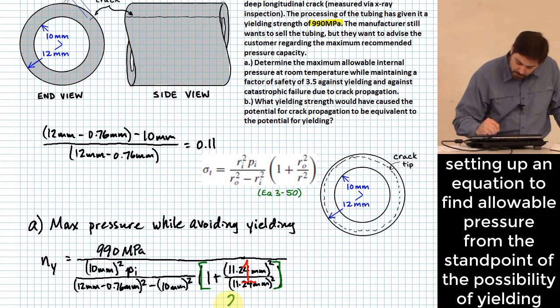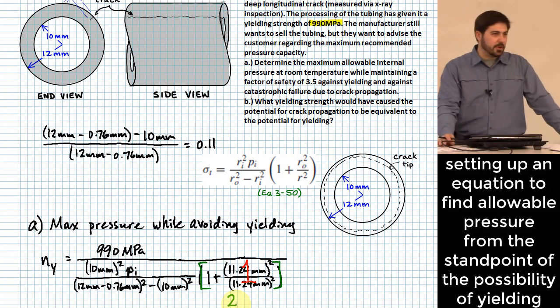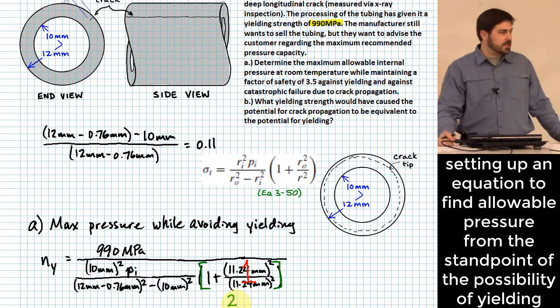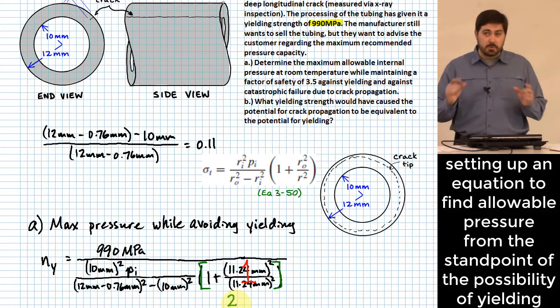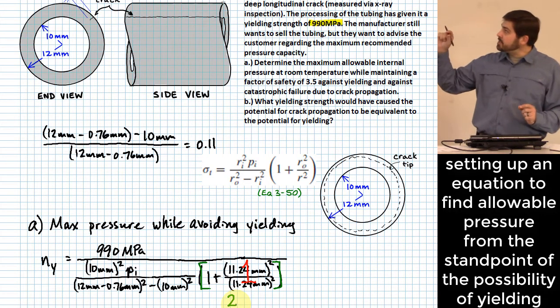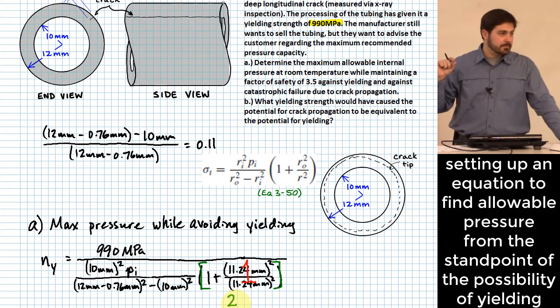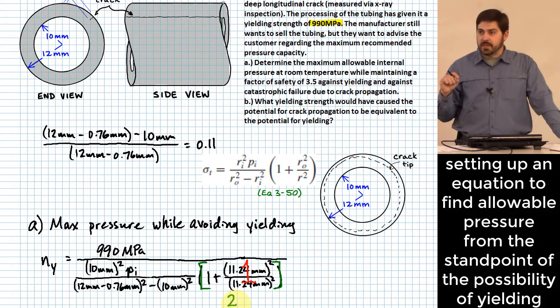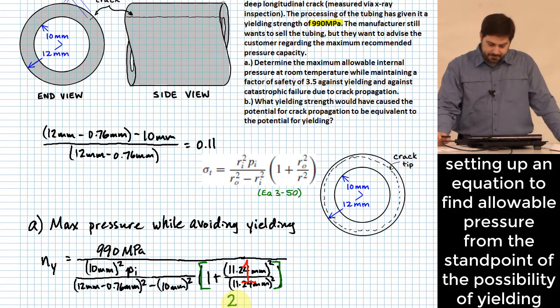So I might not always write all of that out for all of the equations that I do today, because that's typically what they're all going to be, is that factor over there is just going to calculate to 2, since what we're doing is we're picking a radius that gets us to the bottom of the crack tip, right? That's where we're trying to evaluate this stress. That's likely where this worst case stress might be in any case.